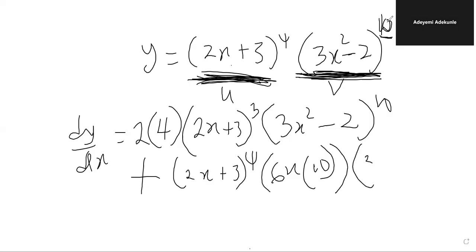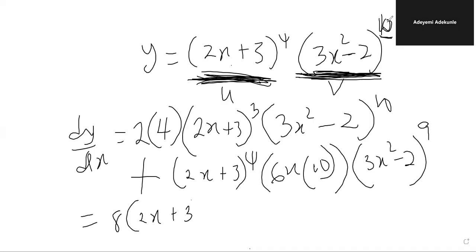Writing the main question is 3x squared minus 2. Then remove 1 from the power. That would be 9. So we have 8 into bracket of 2x plus 3 raised to power 3, the other bracket of 3x squared minus 2 raised to power 10.